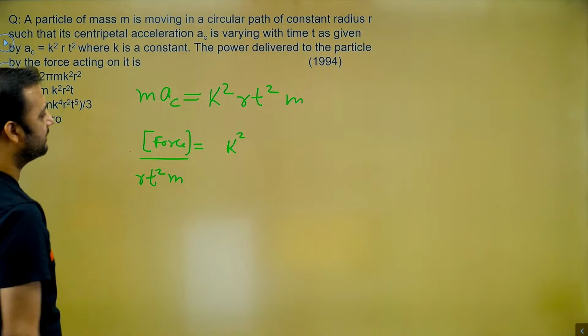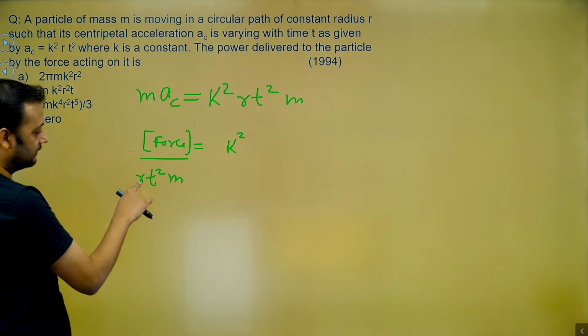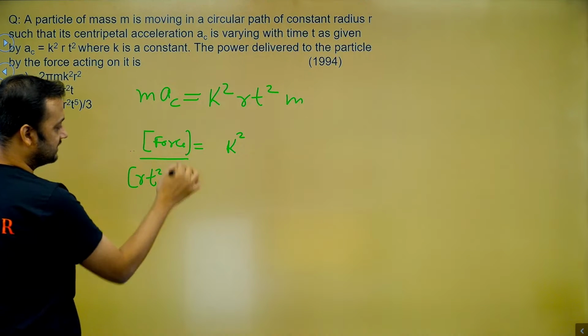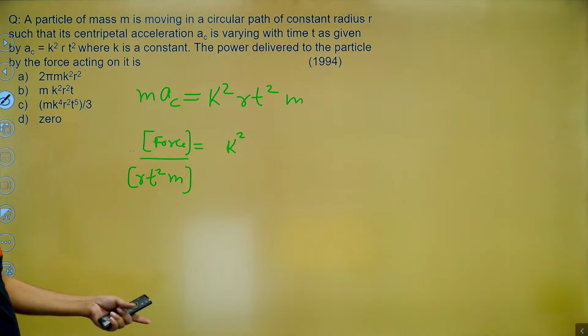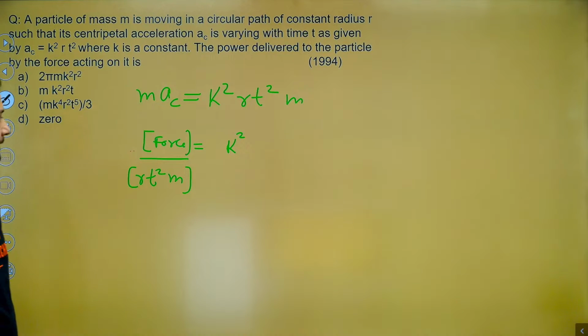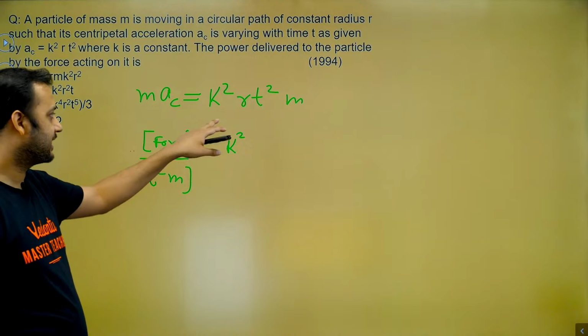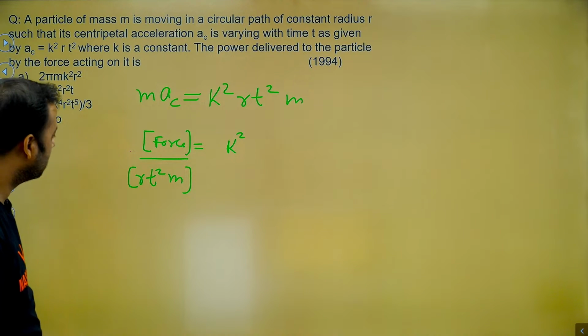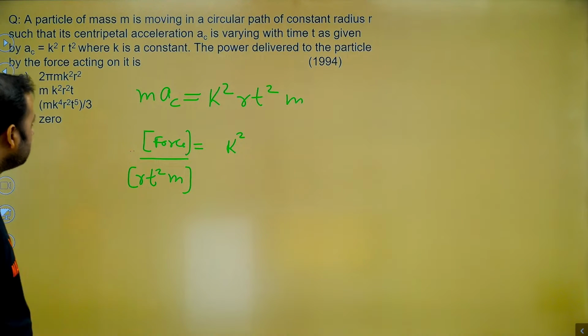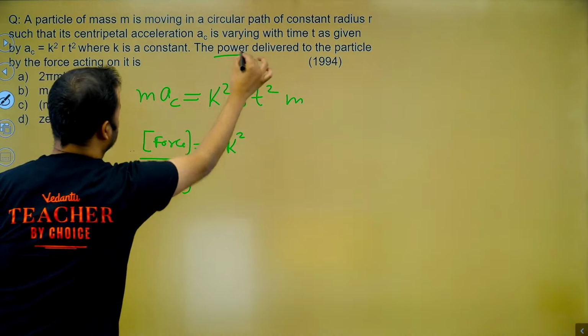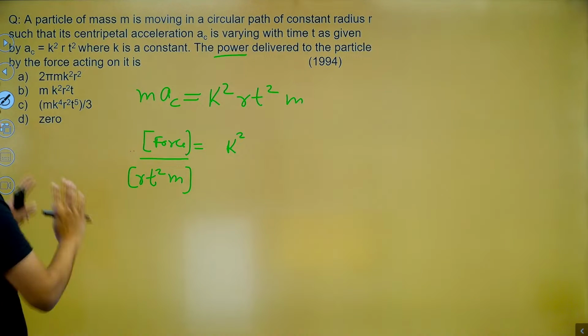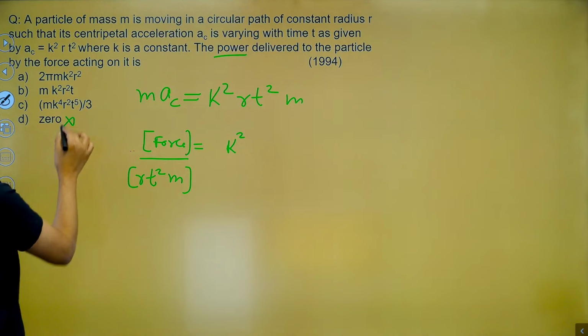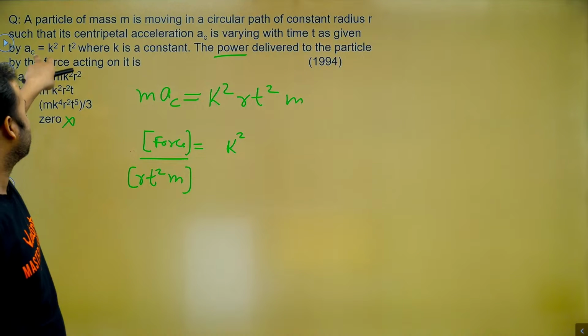How will you get the dimension of k square? Dimension of force divided by dimension of r t square into m. Now we want to find the power. That means options A, B, D, we can say that power will not be 0, because the speed of this particle is increasing.